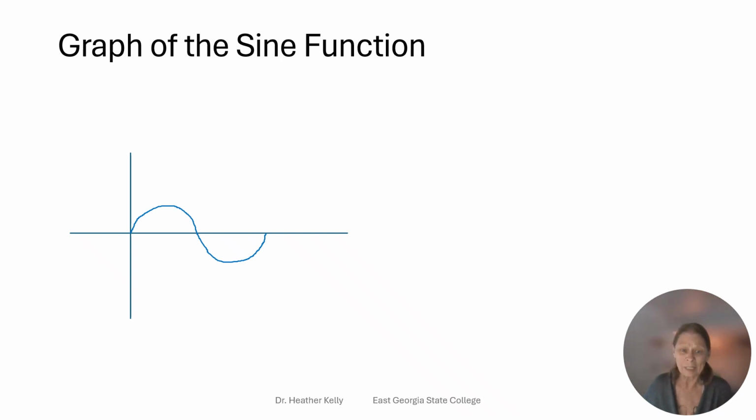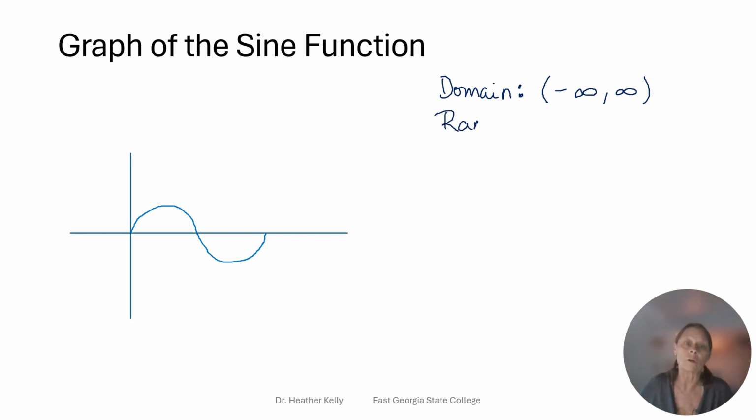Now let's just get some important details over here. So we've got the domain, and remember we talked about this in the last lecture, that the domain of the sine function is all real numbers, or negative infinity to positive infinity, because there's no denominator in the sine function.